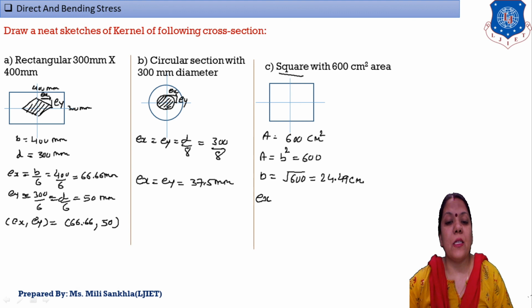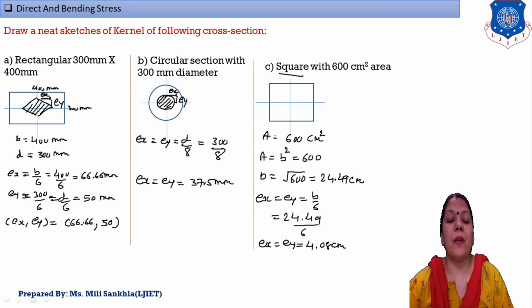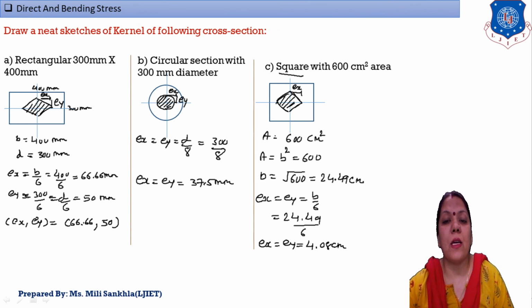Now eccentricity Ex and Ey is equal to B by 6, that is 24.49 by 6, and my answer for Ex and Ey is 4.08 centimeter. Here is our eccentricity. Draw the diagram of the core and kernel like this. This distance is our Ex and this distance is our Ey.